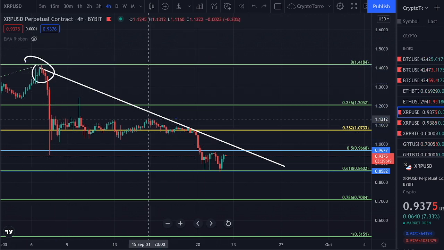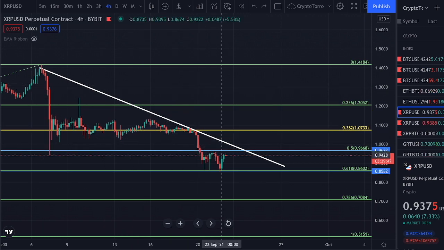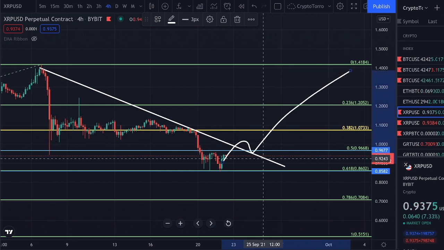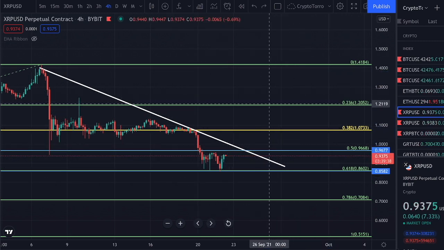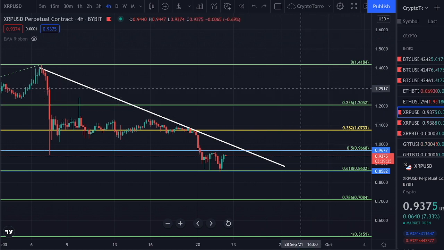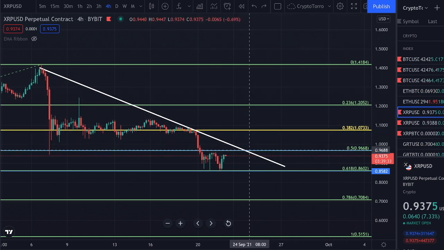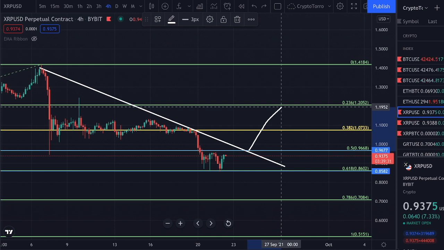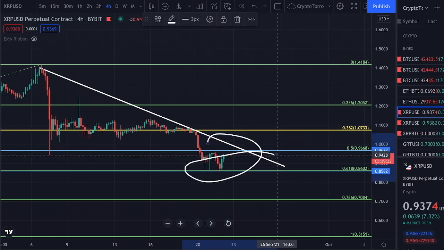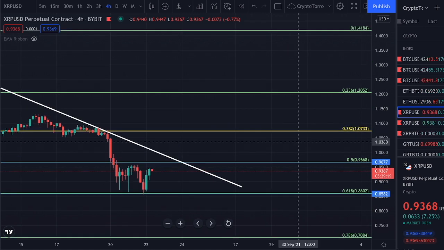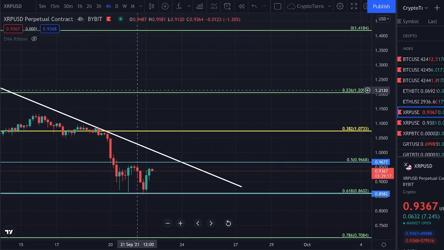But what I think is of utmost importance is that if we are still going to break this descending resistance, we might be able to see a trend reversal getting created, and afterwards a major spike towards the upside, perhaps heading even towards the 0.236 level, and not being able to break out above it, but finding resistance and heading straight back down and finding support on top of the 0.382 instead of where we are currently at, the 0.618 level of Fibonacci.